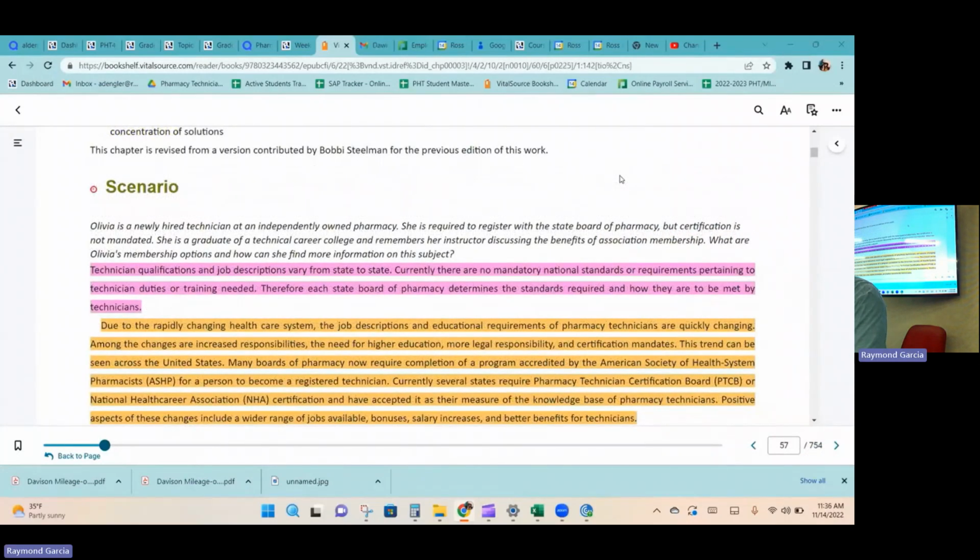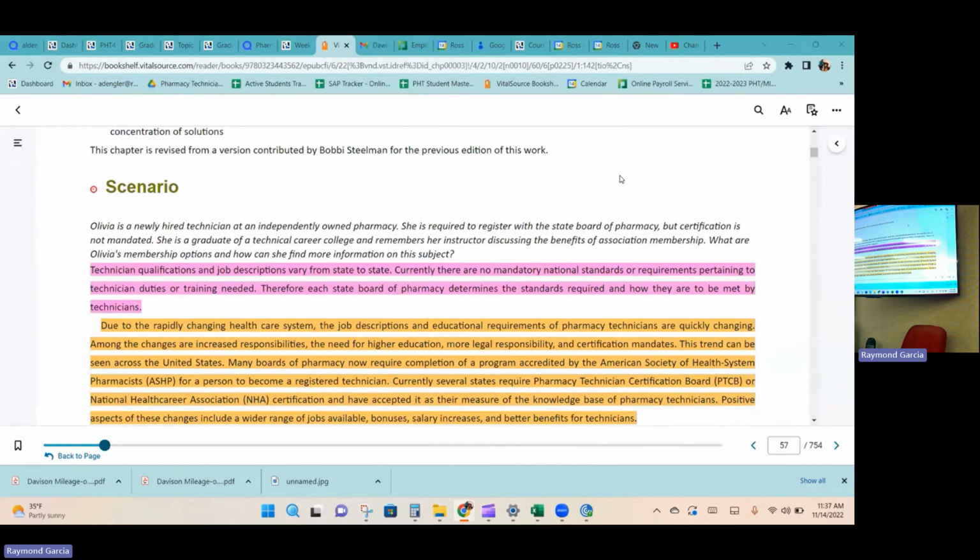Technician qualifications and job descriptions vary from state to state. Currently, there are no mandatory national standards or requirements pertaining to technician duties or training needed. So what that means is there's no federal, national requirement saying that you have to do the PTCB or the NHA exam to become certified.